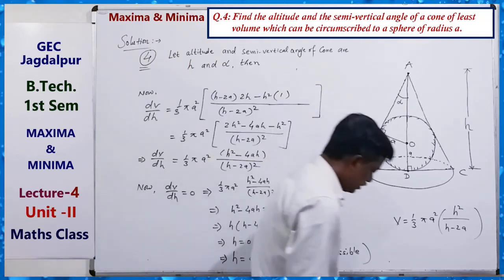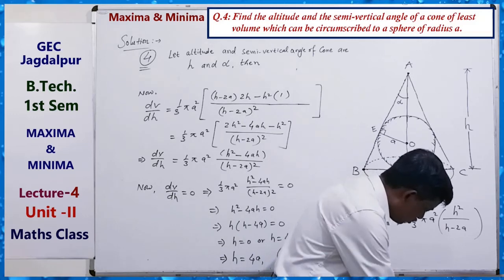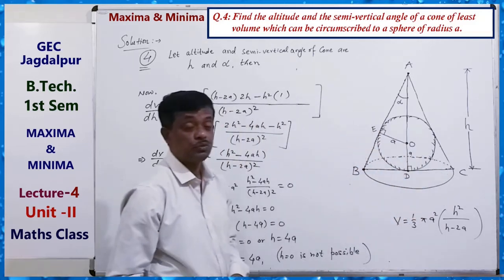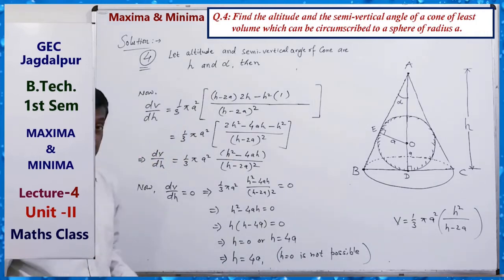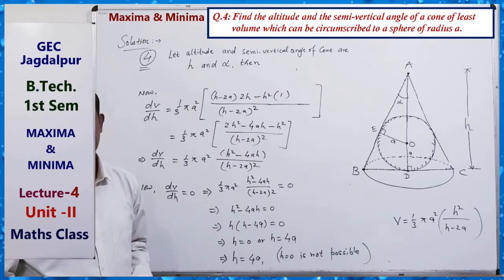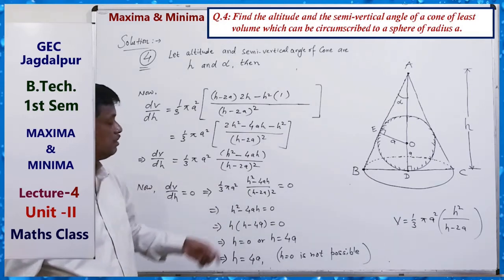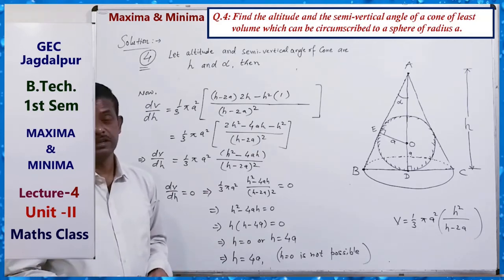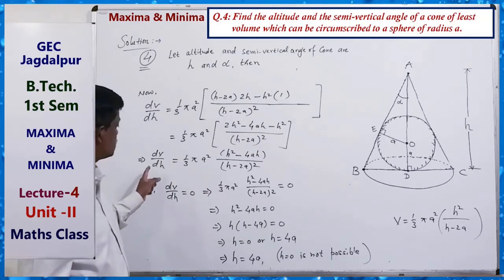So our second thing is what? H equals 4a. And now here h equals 4a is for the maximum of this. Whether for this 4a it is maximum or not, you can find the second derivative and see. Or in another way, you can also see the first derivative.